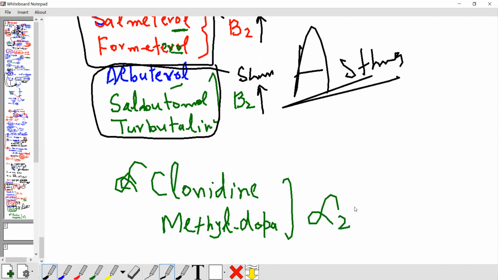Alpha 2 does what? It decreases norepinephrine release. So these two drugs are very good for hypertension. These two are the only drugs belonging to the sympathetic agonists used for hypertension. Clonidine and methyldopa, we use in hypertension. Okay, now we summarize.